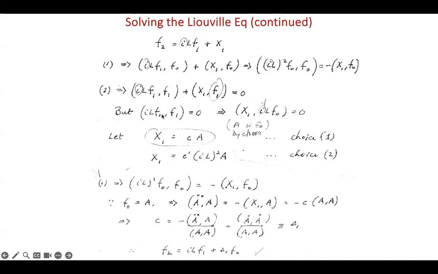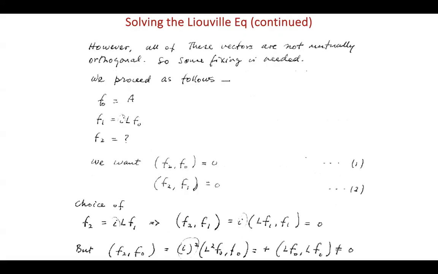But IL F1 comma F1 is already equal to 0. And I also want to make sure that F2 and F1 are 0. Okay, let me be clear. Maybe I'm confusing everyone.